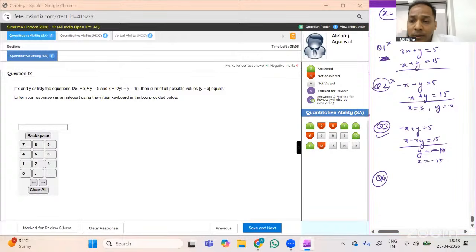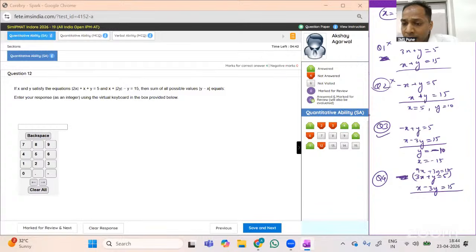In the fourth quadrant, minus x is positive. So that's 3x plus y equals 5. And the second equation opens as x minus 3y equal to 15. Solving them simultaneously, multiplying the first one by 3, so that becomes 9x plus 3y equals 15.